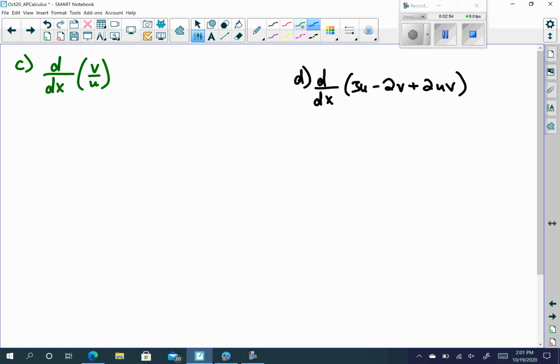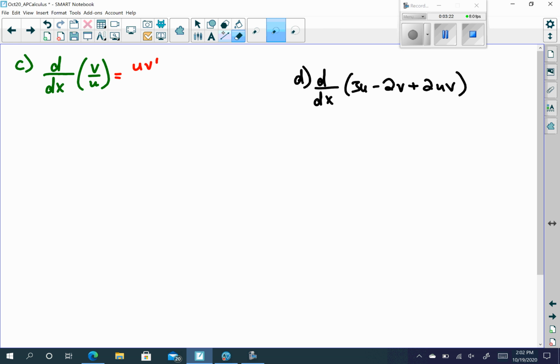All right, now for C, look very carefully at it. What do you notice? It's still the derivative of a quotient, but this is why it's not always best to remember the u's and the v's in that order, but the low and the highs, because here the v and u are switched. So it's very easy to get that confused if we stick straight with the first and the second way that we looked at the quotient rule. So here, again, if I go low d high, my low is u, d high is v prime.